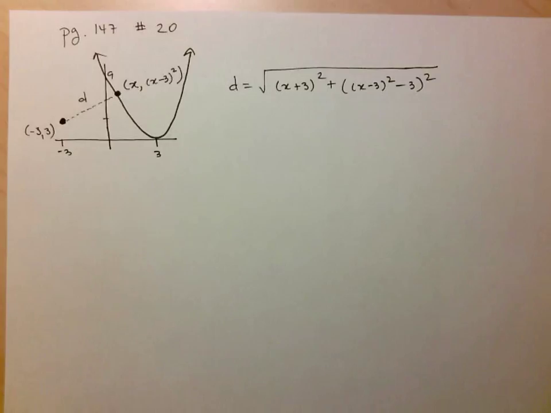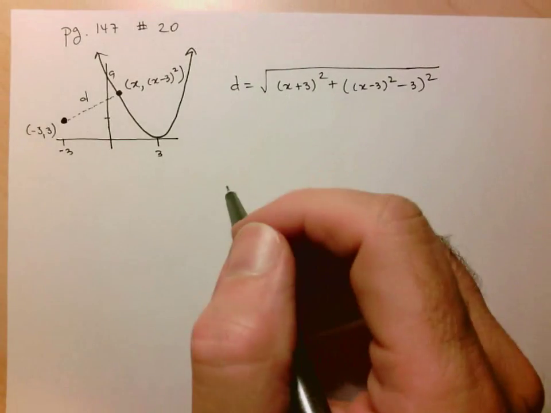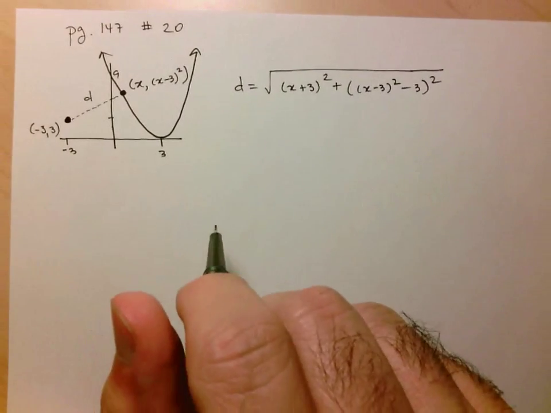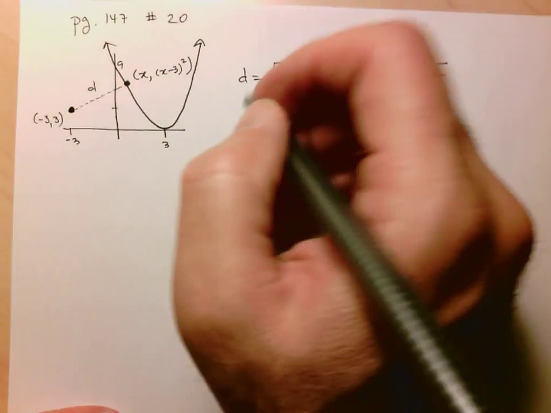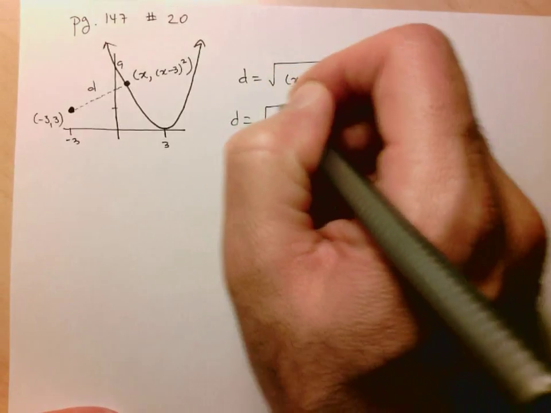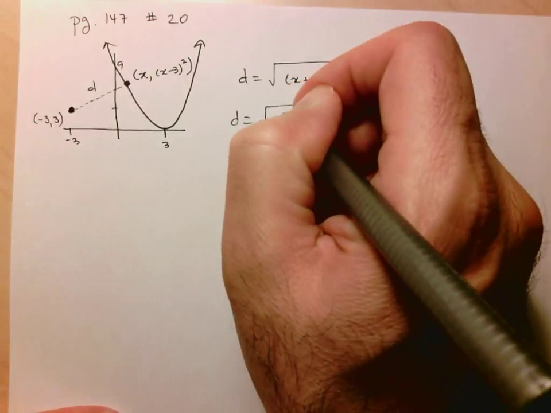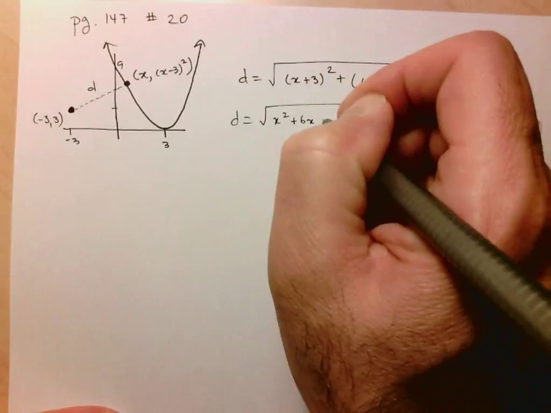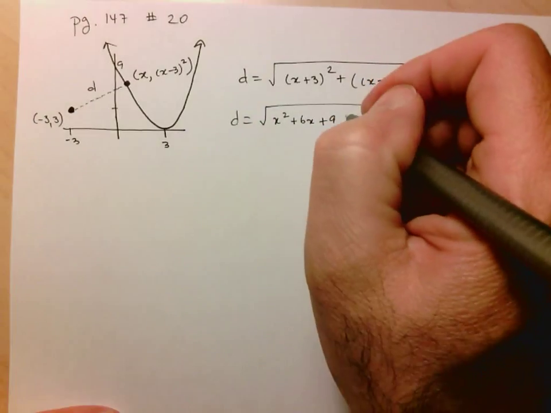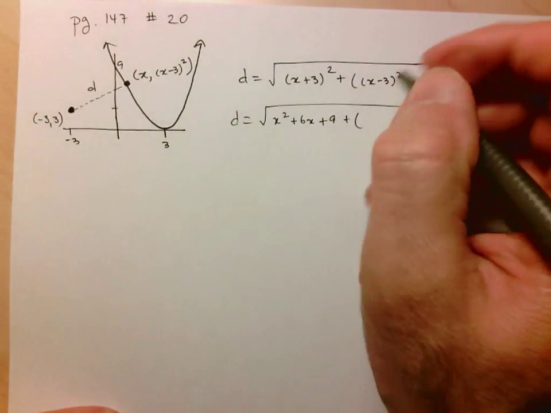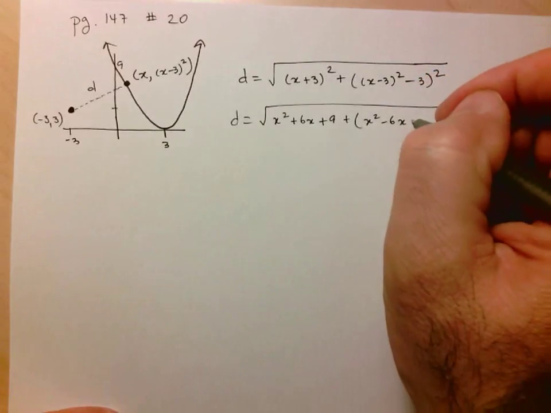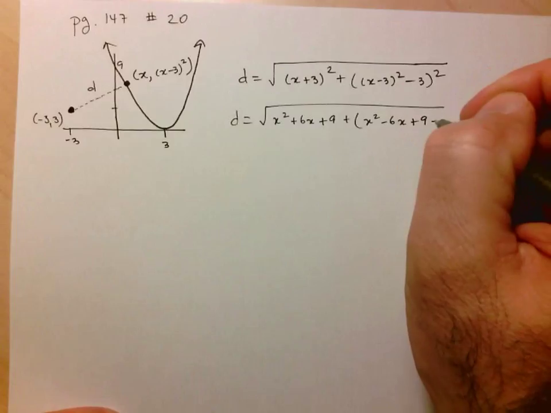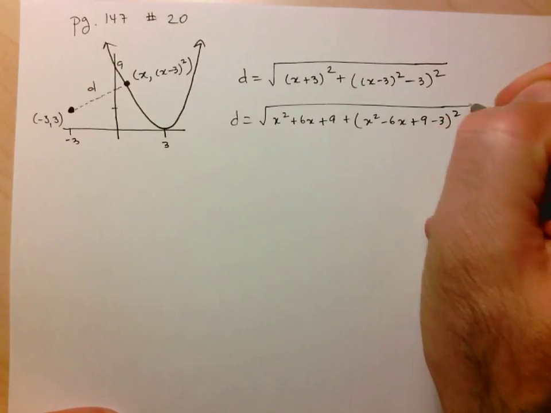Let's simplify this so that we can then take the derivative and minimize it. So d is equal to, here we've got x squared plus 6x plus 9, plus, in brackets, x squared minus 6x plus 9 minus 3, squared.